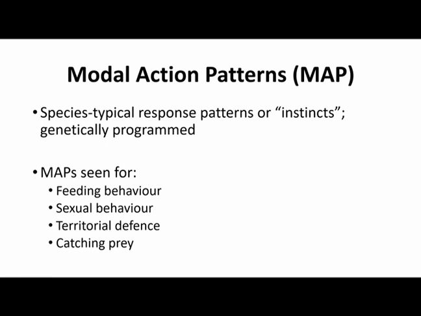With all of these different kinds of MAPs, there's a threshold for the eliciting stimulus, whatever stimulus it is that will cause that behavior to happen. The threshold can vary. So in that nest building example, if it's the right time of year and the male is in a particular sexual state, then it would be easy for them to start that behavior to build the nest and start courting a female.